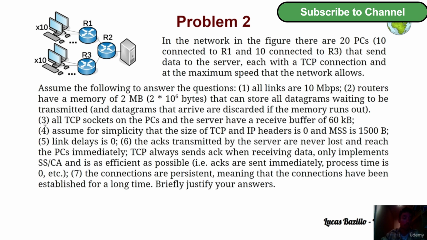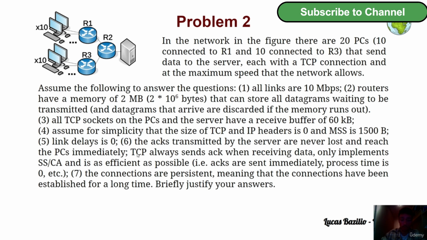Very well. Assumption 3: all TCP sockets on the PCs and the server have a receive buffer of 60 kilobytes. Assumption 4: assume for simplicity that the size of TCP and IP headers is 0 and the maximum segment size is 1500 bytes. Assumption 5: the link delay is 0.